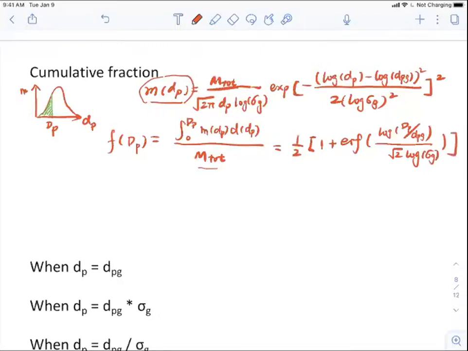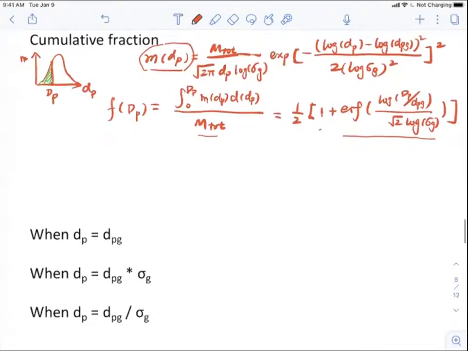The answer is just 1/2 multiplied by 1 plus the error function of certain terms inside. The term inside is just log of the capital dp, the size that we are interested in, divided by the mean size dpg, and then further divided by square root of 2 log of sigma g.